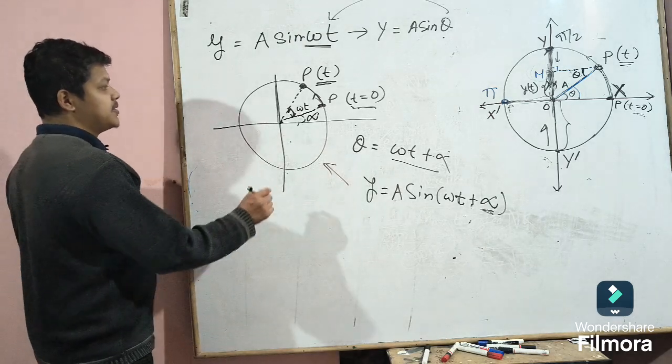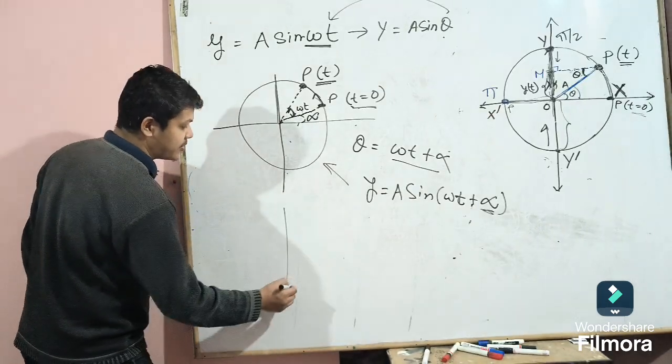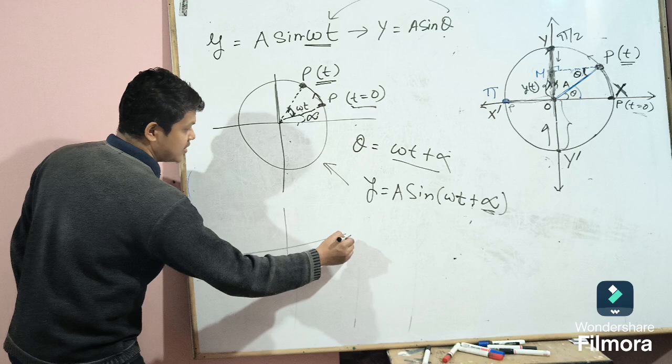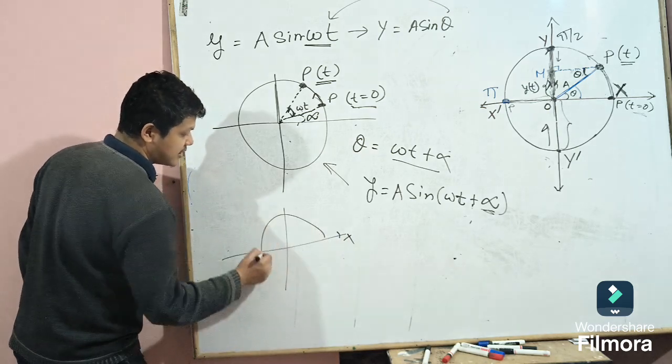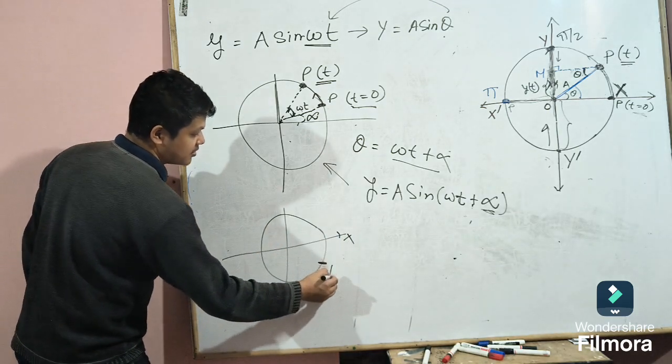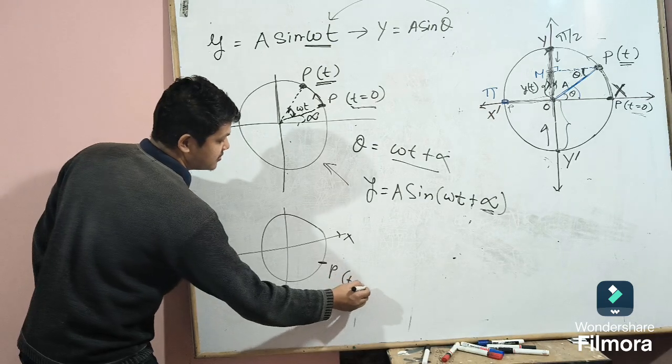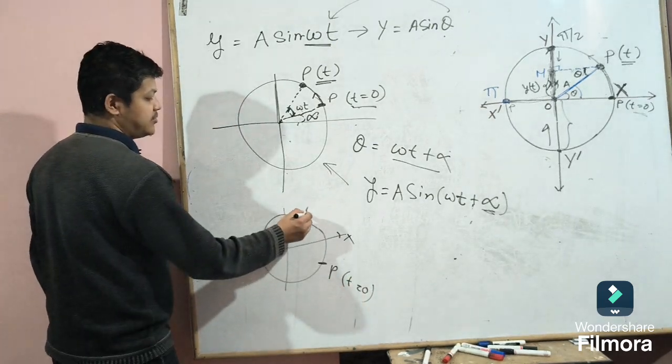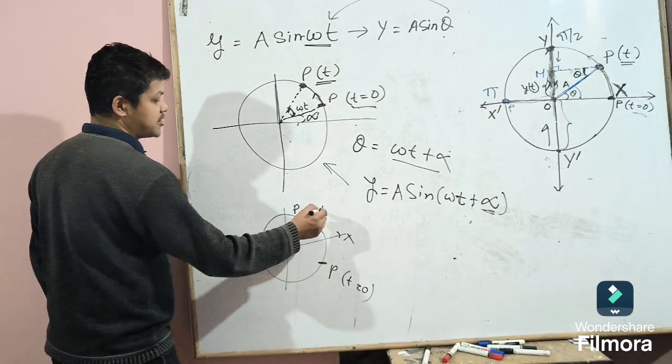Now what if this P starts moving from this position? This is x, this is the circular path, and from this position when t is equal to 0, at t is equal to t this is the position, suppose.